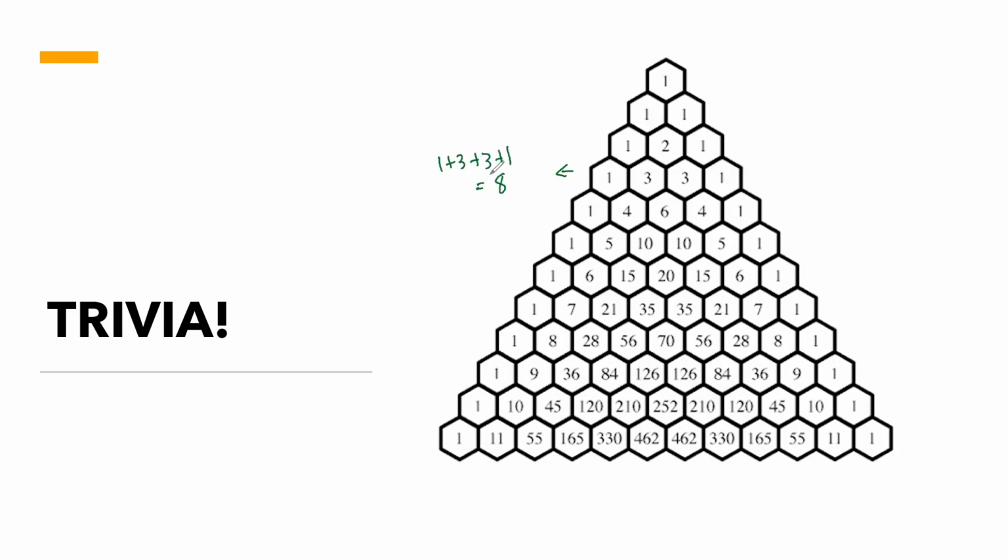While here, 1 plus 4 plus 6 plus 4 plus 1 will become 16. Then this will be 32, this will be 64, this will be 128, and so on and so forth. The 2 here is the number of samples chosen: I chose 2 apples, while here I chose 3 apples. Let's say I chose 4 apples, 5 apples, 6 apples.